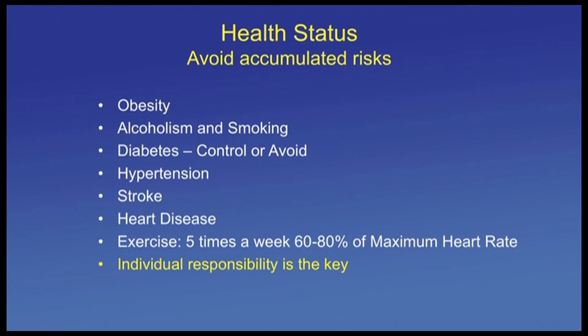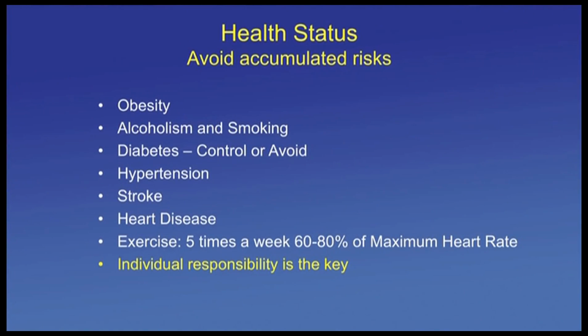Alcoholism plays a major role in some patients with their comorbidity in Parkinson's disease. Smoking, even though it's been shown that it has some protective basis in Parkinson's disease, is a significant risk factor for comorbidity, such as hypertension, stroke, and heart disease. If you have diabetes, you want to control it or avoid it by losing weight and exercise.